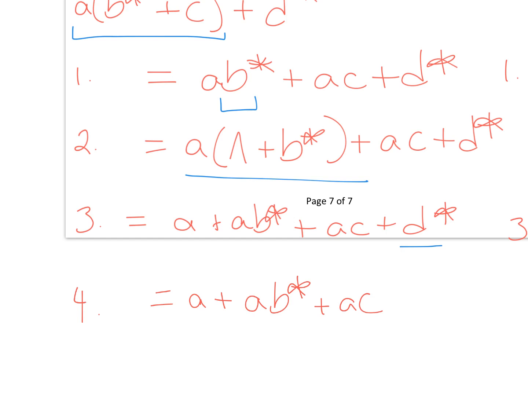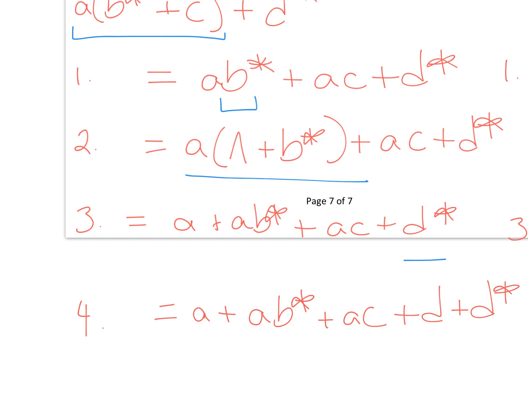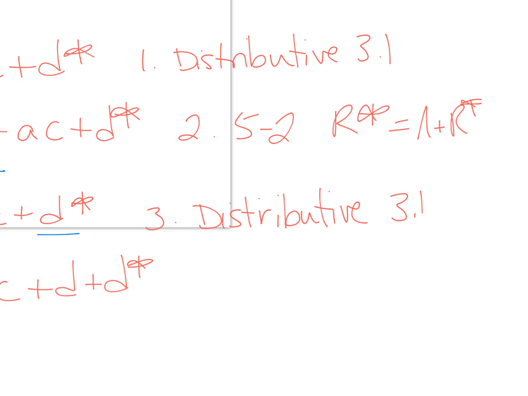Plus AC plus D star. And my reason for step 4 is by property 5-1, which is R star equals R plus R star.